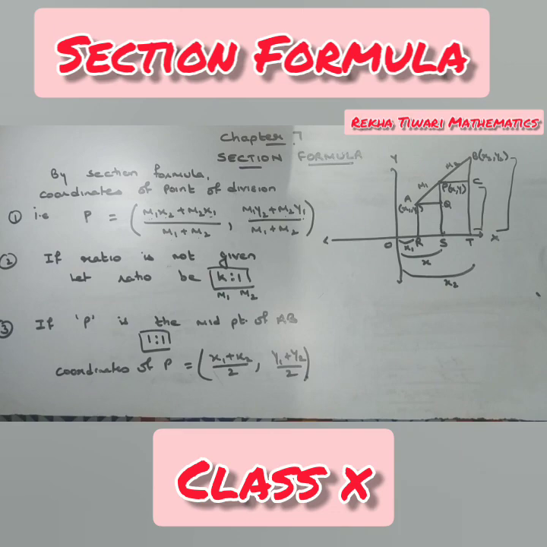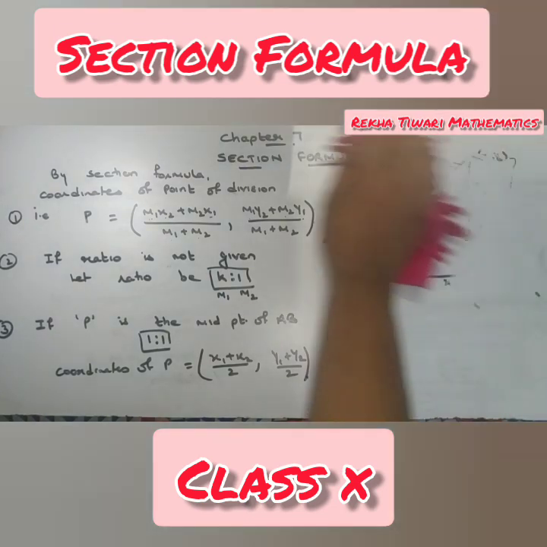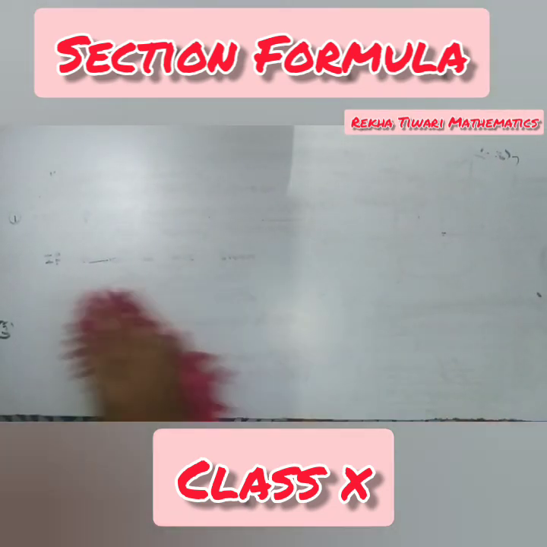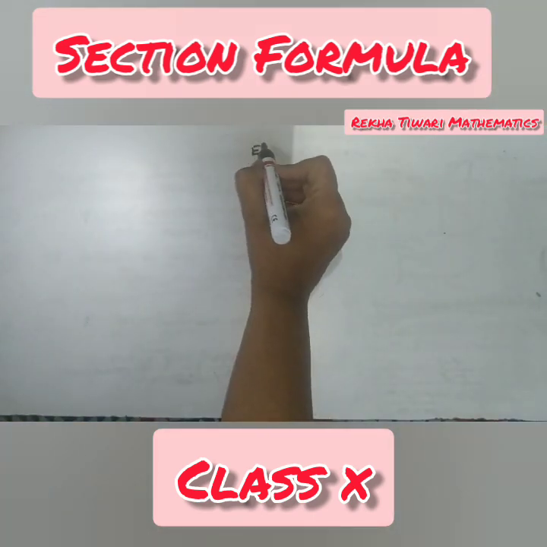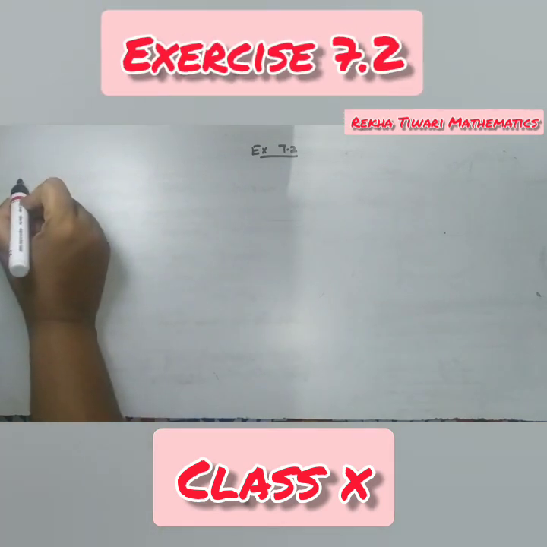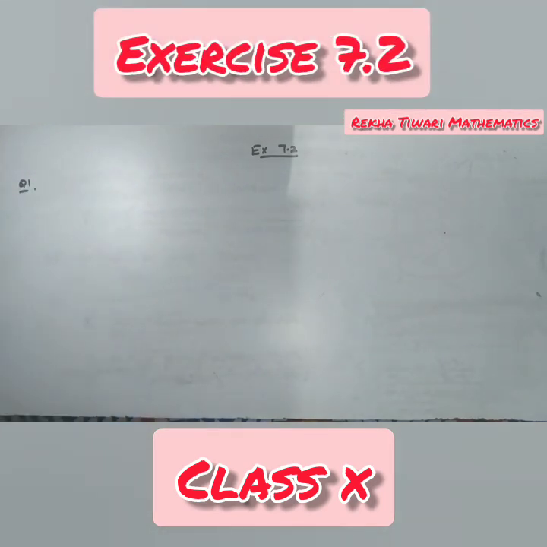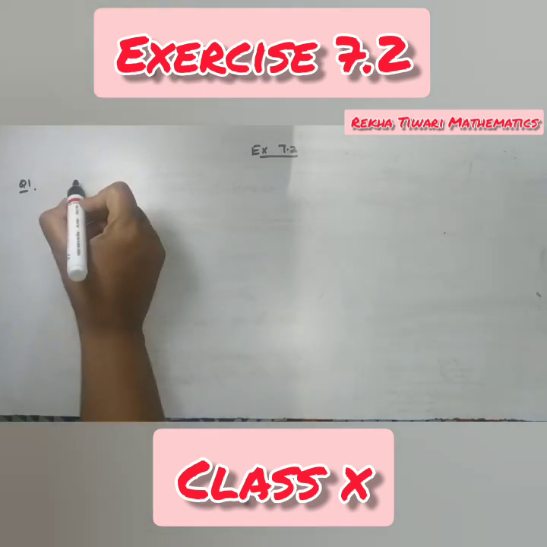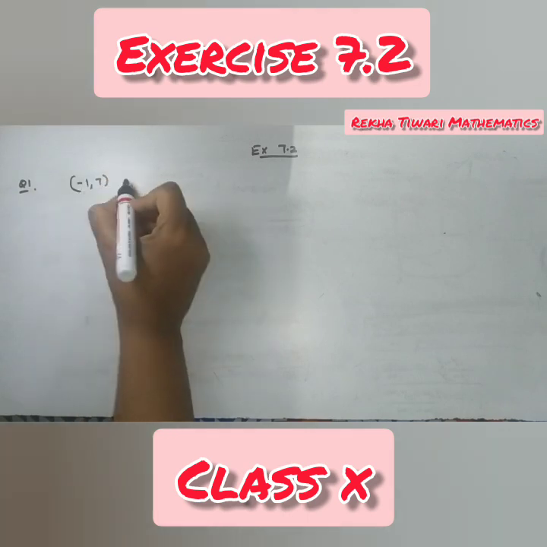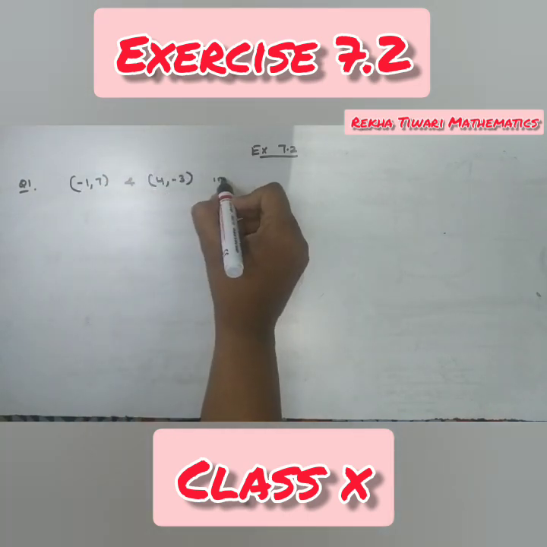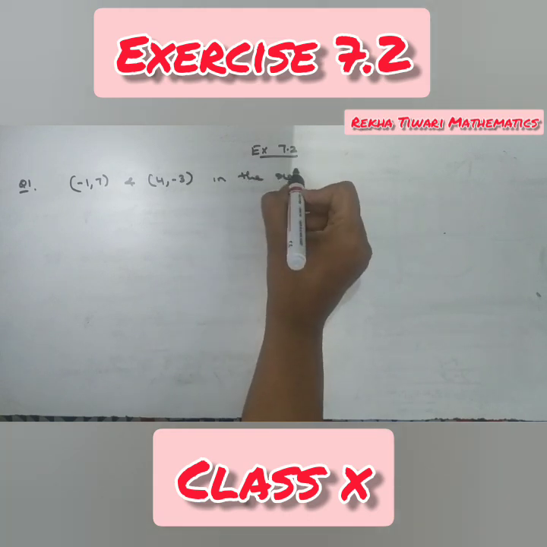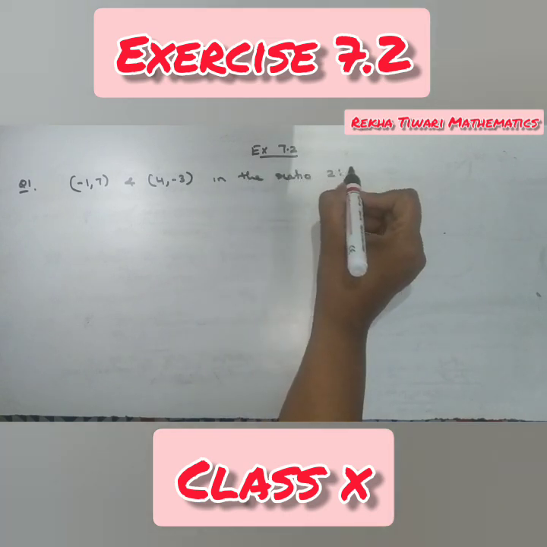Come to exercise 7.2, question number 1. In question number 1, find the coordinates of the point which divides the join of (-1, 7) and (4, -3) in the ratio 2:3.